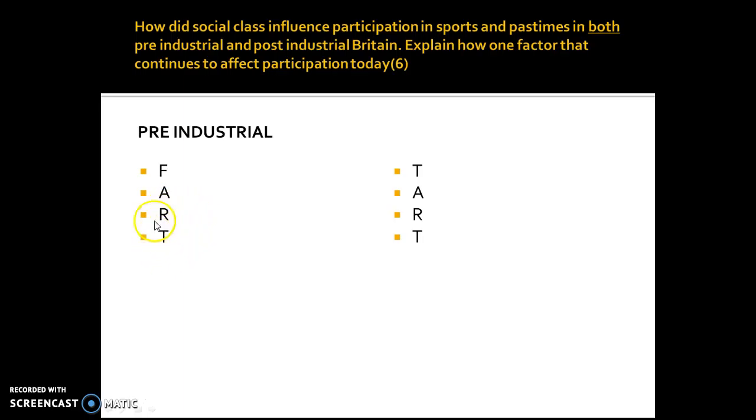And finally, certain sports meant, for example, people could play cricket or mob football in their local village, but lower classes couldn't play real tennis because real tennis required you to travel, by horse and cart, to the local market towns in order to play it. Okay, so that's your FART, and then the farting stops when you get to rational recreation because we become so much more advanced, and now the farts turn to TARTS.